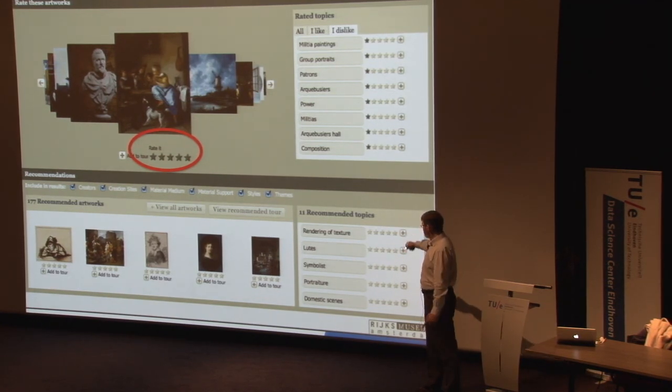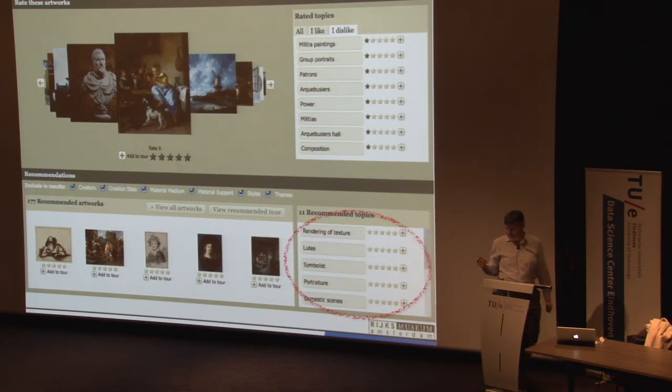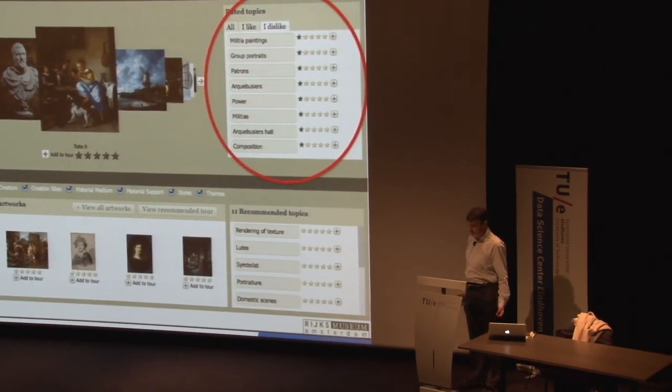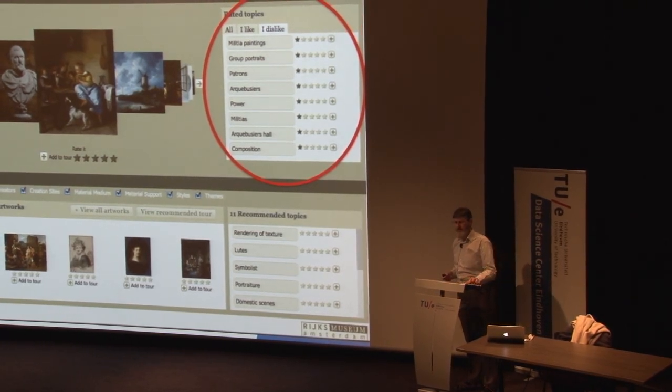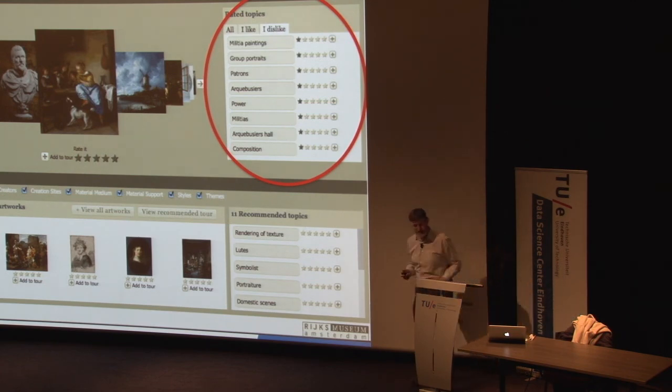And when you explicitly rate topics, then they appear at the top right, either all your recommendations or the ones where you said I like it and the ones where you said I don't like this. So you can rate topics and they are then listed there. So what the system knows about you is actually also displayed, and in fact you can alter the idea the system has about you.